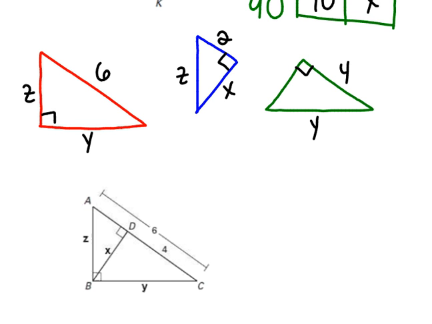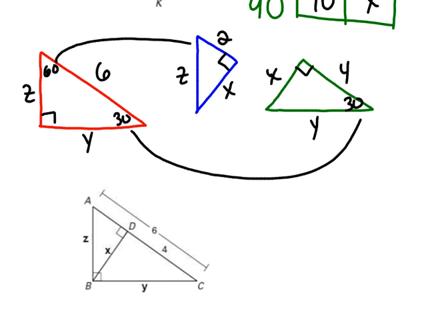This is 4. This is x. And then I'm going to make up some angles. Let's call this a 30, 60, 90 triangle. And then these two are the same. So this is 30, and these two are the same. So this is 60.